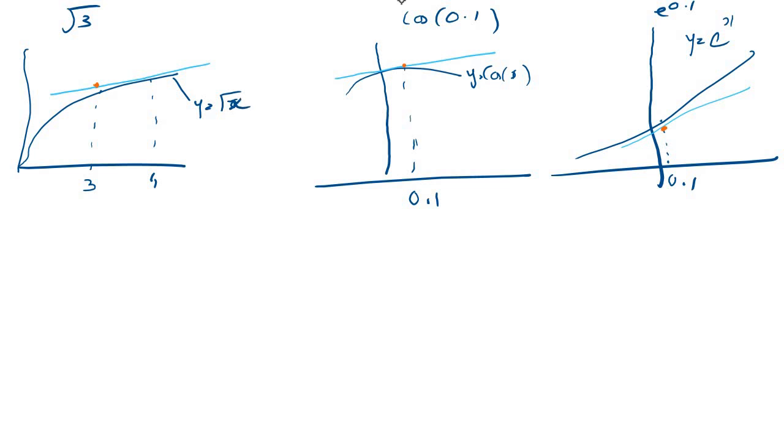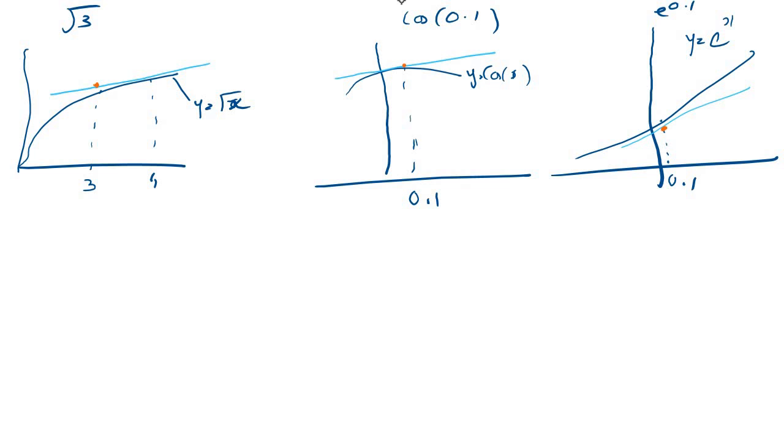We knew when x is equal to 4, y was 2. We drew a tangent. Instead of this value, which is square root of 3, we approximated the value by drawing the tangent and substituting 3 into the tangent.